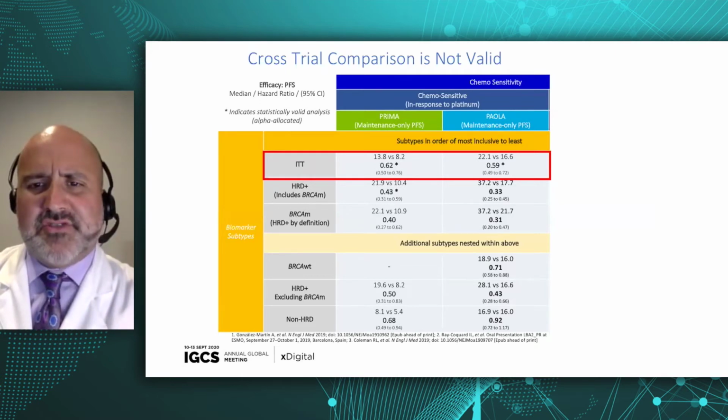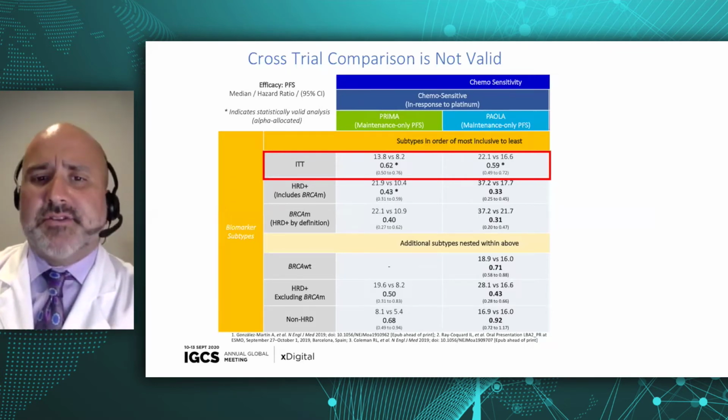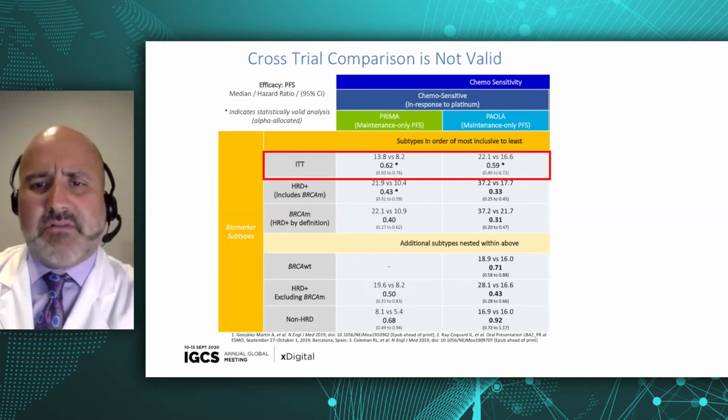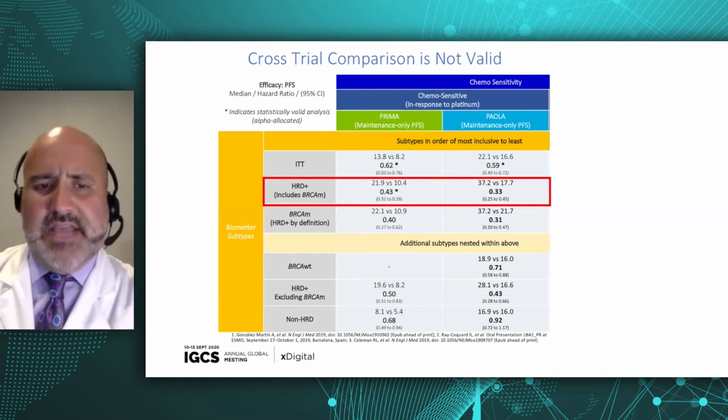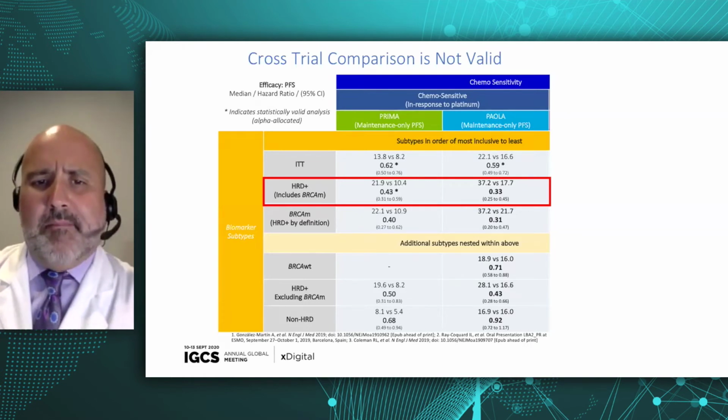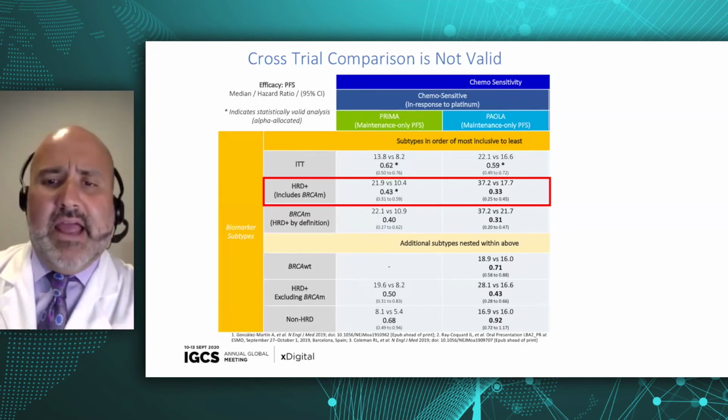We look at the intent to treat population, unbelievably consistent. Both of these very different populations, and we didn't have time to discuss that. But with a hazard ratio of 0.6, with improvement of about 6 months. But as we look at the subpopulation, this HR deficient group, once again, about 0.4 to 0.3 of a hazard ratio.